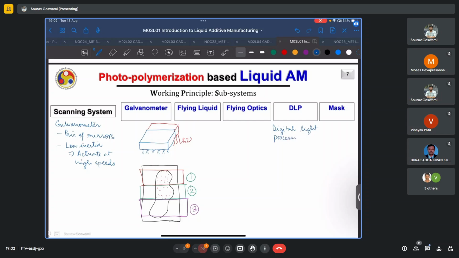where you have an array of mirrors. These mirrors are typically called micro mirrors, so they are of the micron range. I am drawing them in an exaggerated fashion. Of course, the gaps between successive mirrors will not be so high.